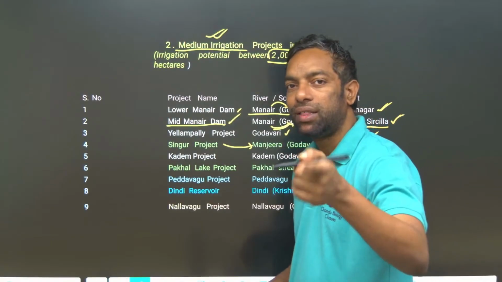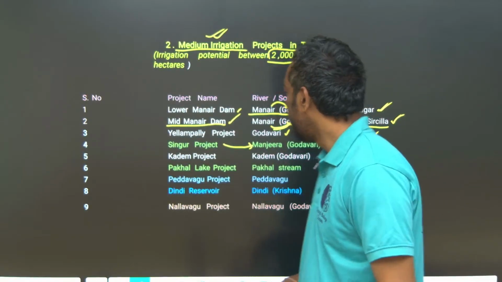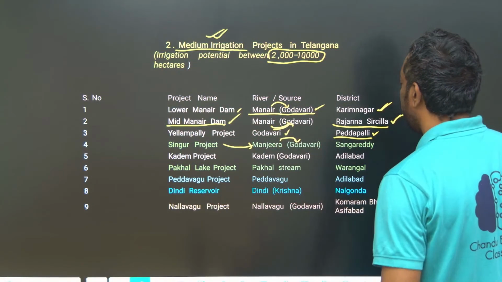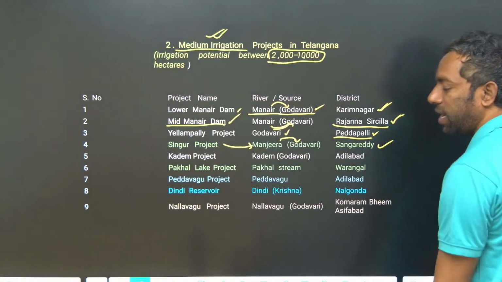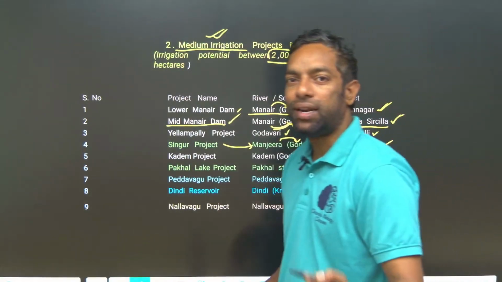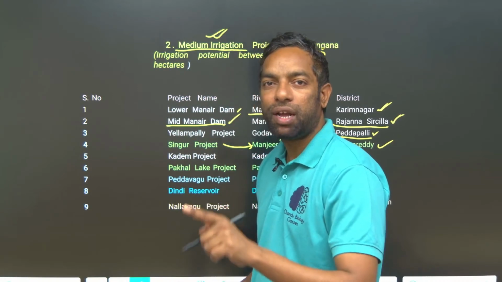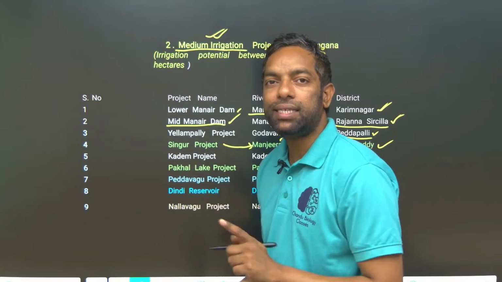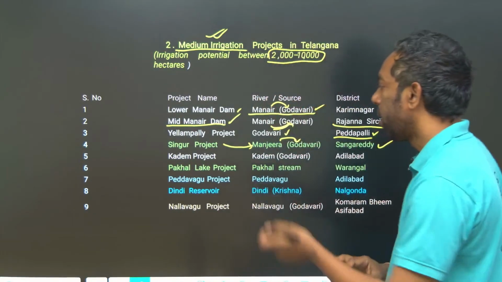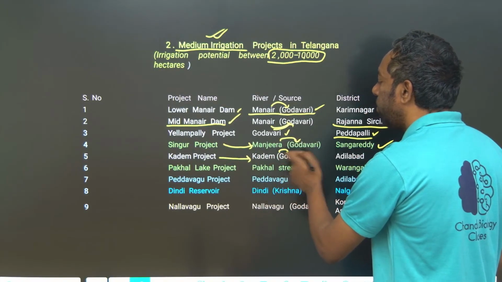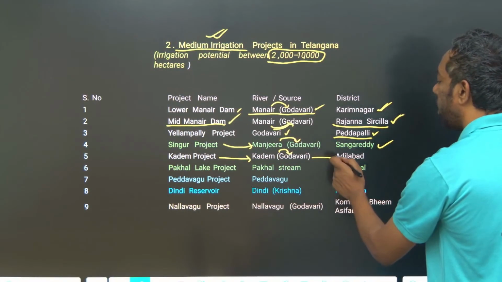Manjira is also a tributary of the Godavari. The district is Sangareddy. Kadam project: the river is Kadam, a tributary of the Godavari. It is located in Adilabad.